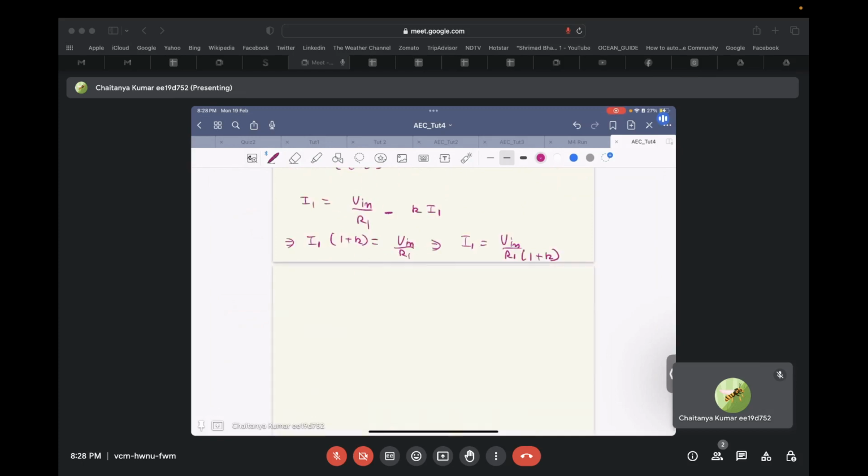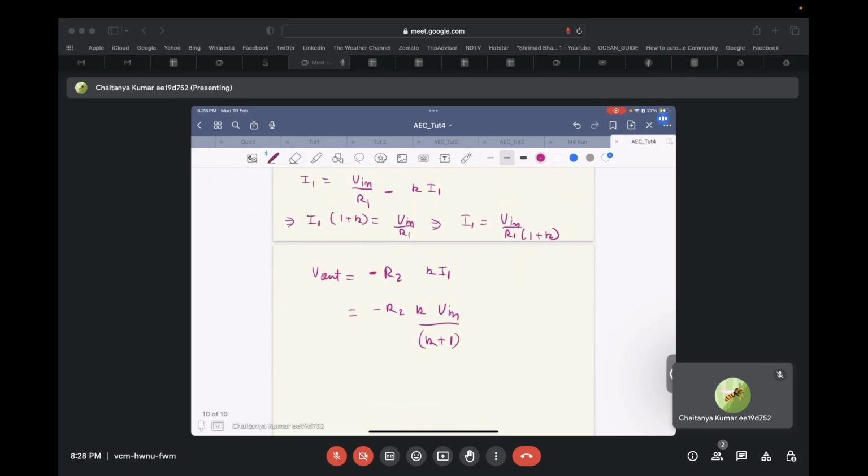So output voltage Vout can be written as minus R2 times K times I1, that is equal to minus R2 times K times Vin upon K plus 1, times Vin by R1 times K plus 1.